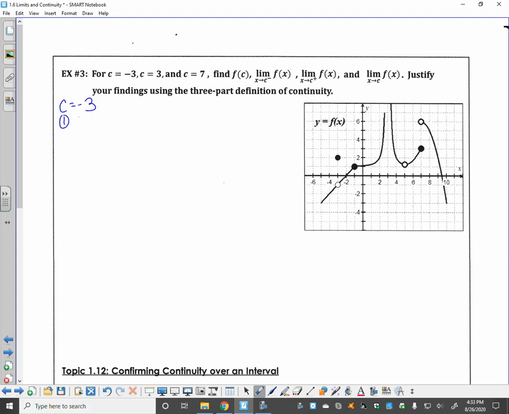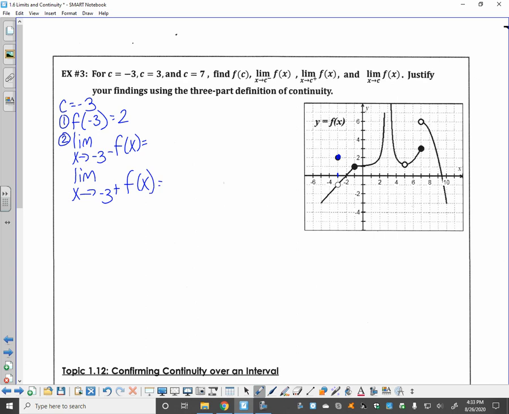So the first thing I need to find is f of -3. So f of -3 looks to be 2. Okay, the next thing I'm going to find is the left-hand limit. So -3 from the left of f of x, and then I'm going to find the limit as x approaches -3 from the right.